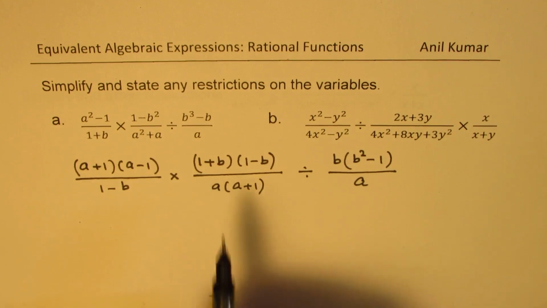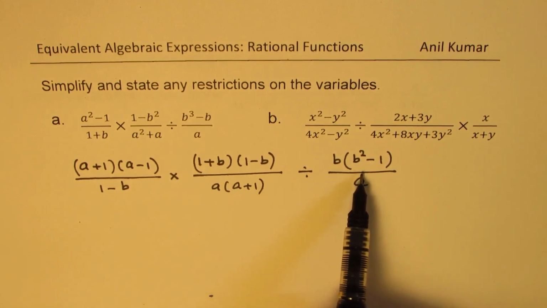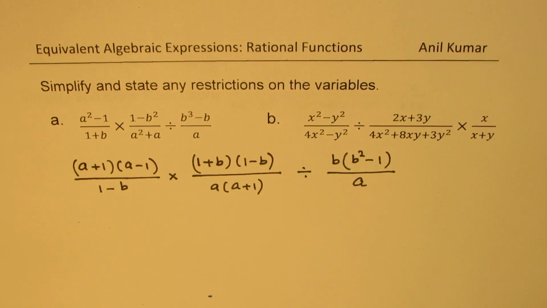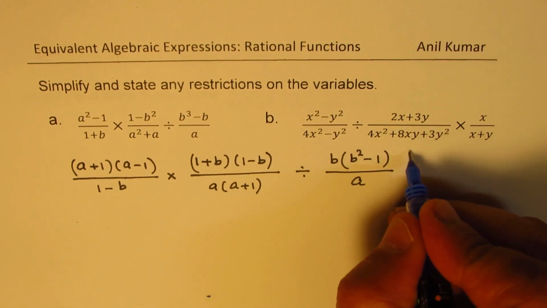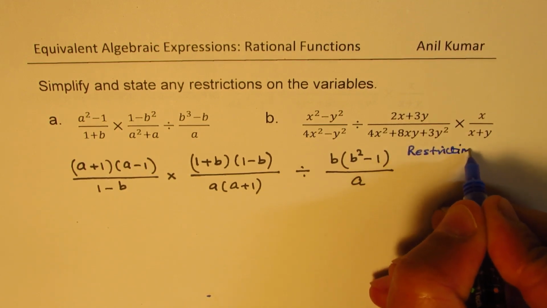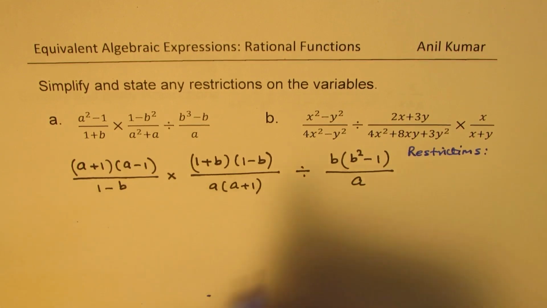Now, whenever you have to write restrictions for division, you have to write restrictions of both numerator and denominator, right? So let's write the restrictions first. Restrictions are, so first is b cannot be equal to 1.